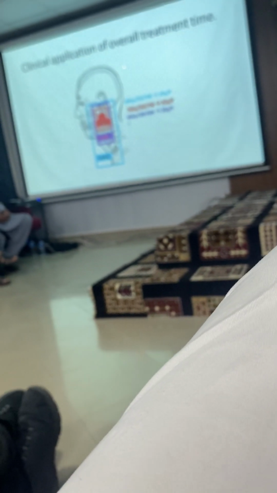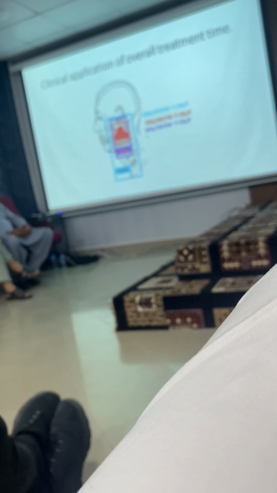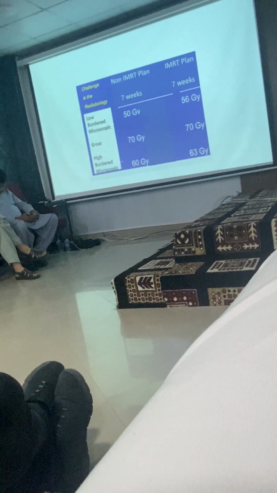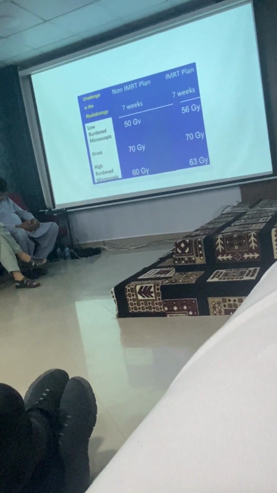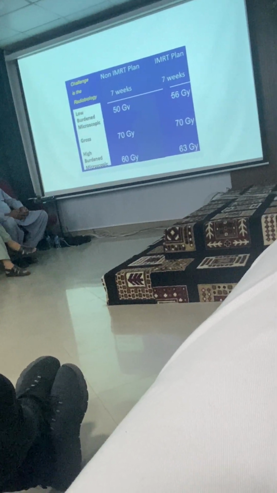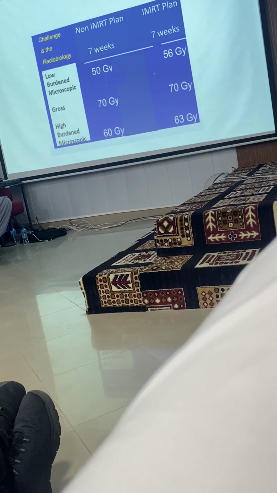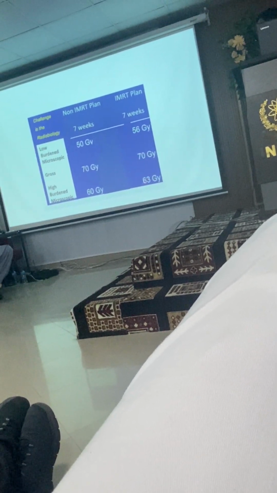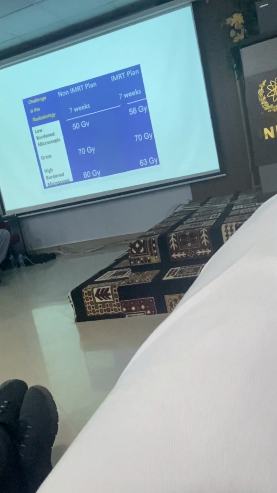And with the application of overall time, this is a better way to understand this. For a non-IMRT plan, low burden disease gets 50 Gray, high burden disease gets 60 Gray, gross disease gets 70 Gray. But in IMRT, the low burden disease gets 56 Gray. The gross disease gets 70 Gray, but the high burden disease gets 63 Gray.